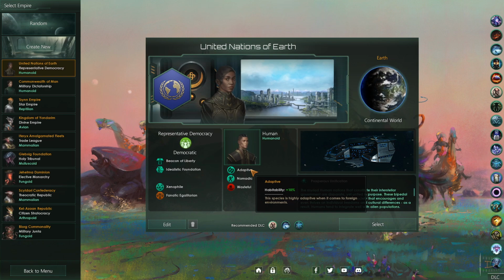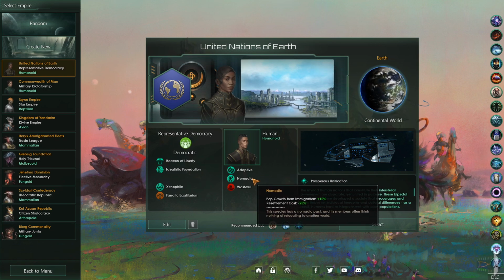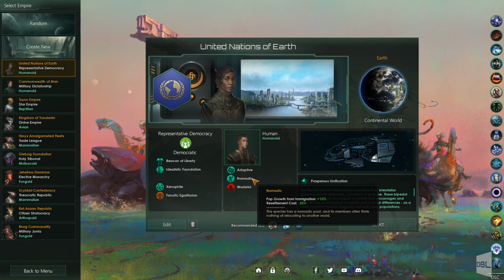This species is highly adaptive when it comes to foreign environments. They're nomadic, population growth from immigration +15, resettlement cost of -25%. The species has a nomadic past, and its members often think nothing of relocating to another world.